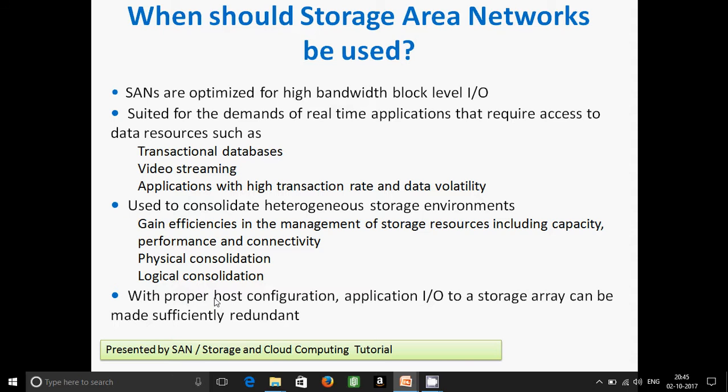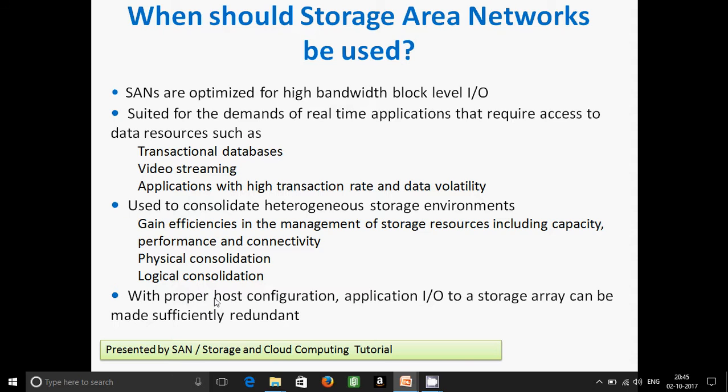I will explain in my coming video the difference between SAN and NAS. There is one more technology called NAS, and there is a huge difference between SAN and NAS. I will come up with videos on the basic difference between SAN and NAS.